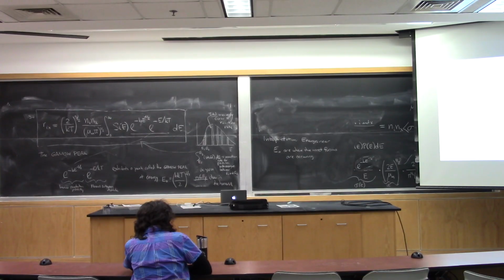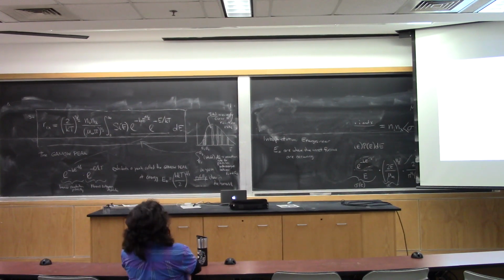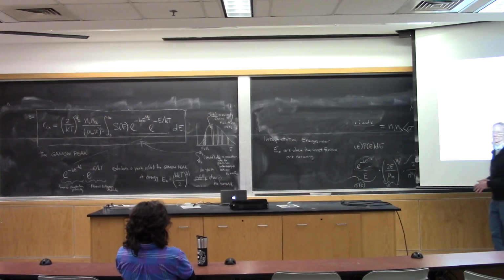At the same time, the higher the energy they have, the more any given pair would be likely to fuse. And so the gamma peak is the compromise where there's still enough of them around, so to speak, to get a significant number of fusions.